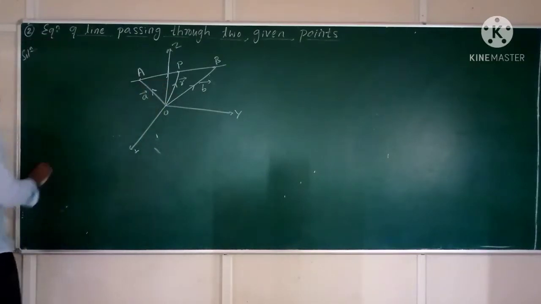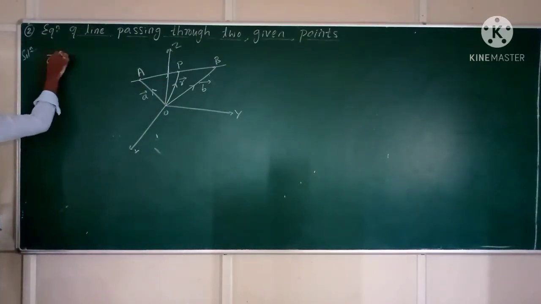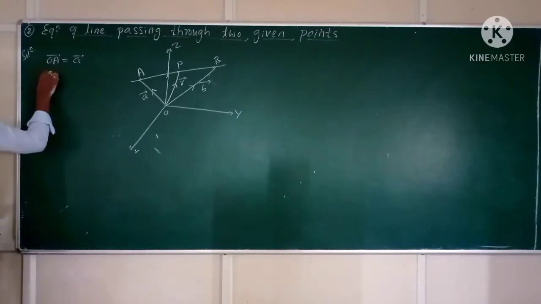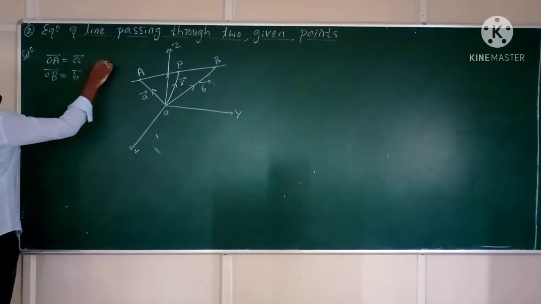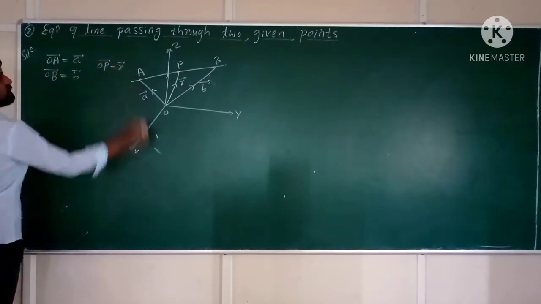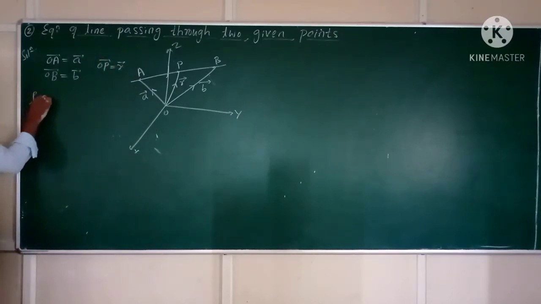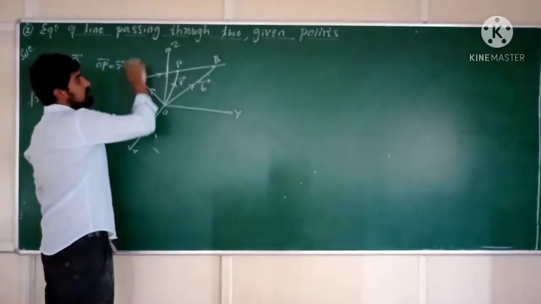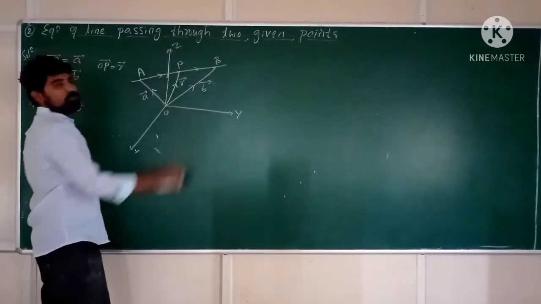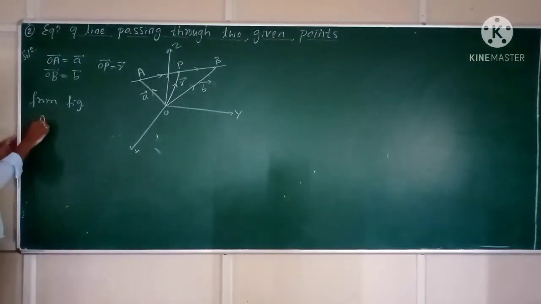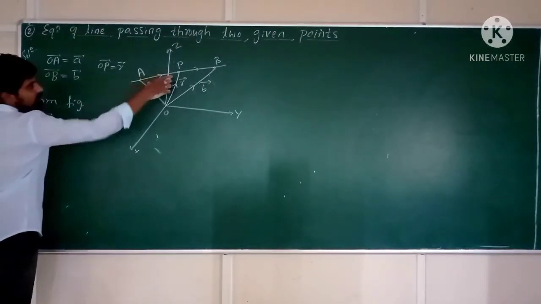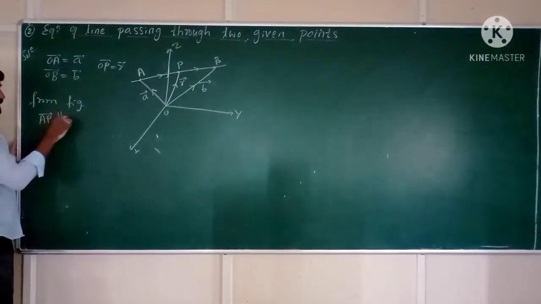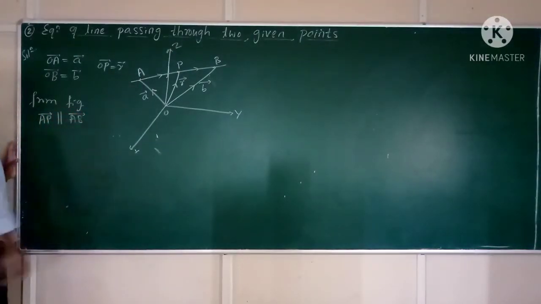Now from the figure, vector OA is equal to A vector, vector OB is equal to B vector, and vector OP is equal to R vector. And also from the figure, vector AP is parallel to vector AB.